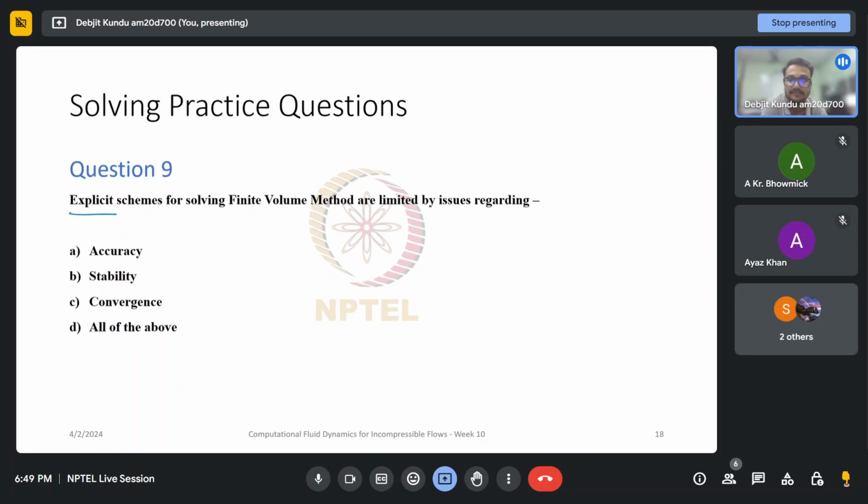What are the main challenges faced by explicit schemes for solving equations using finite volume method? Not solving finite volume method, we are not solving a method, we are solving problems with a method.